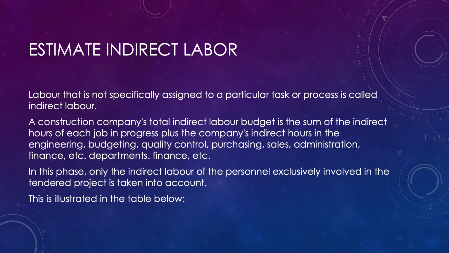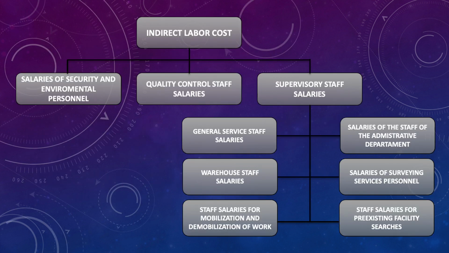In this phase, only the indirect labor of the personnel exclusively involved in the tendered project is taken into account. This is illustrated in the table below. This screen displays a chart that illustrates the sources of indirect labor hours.